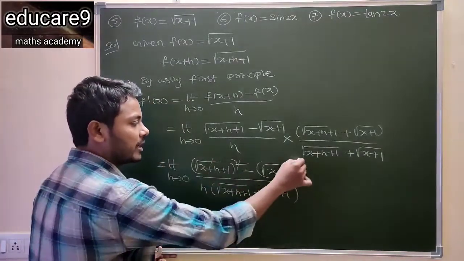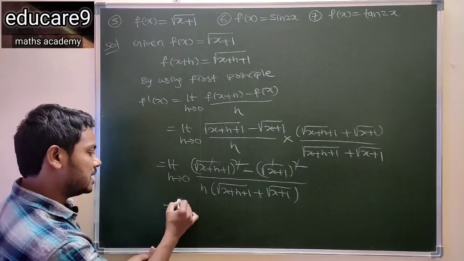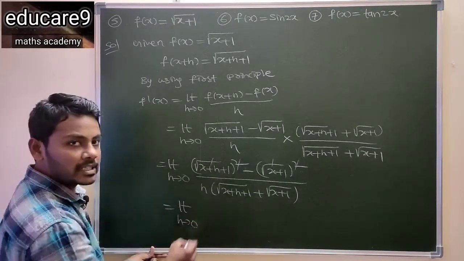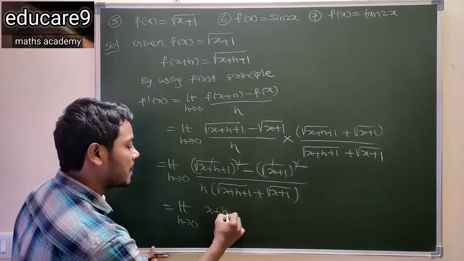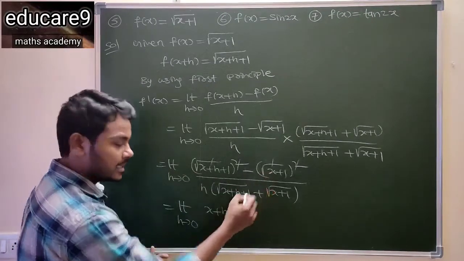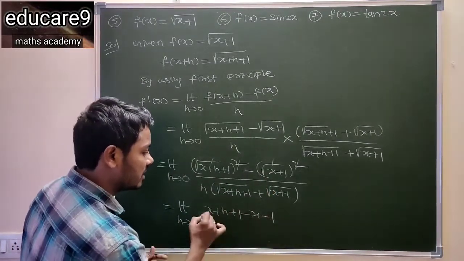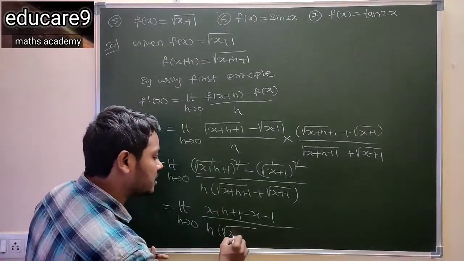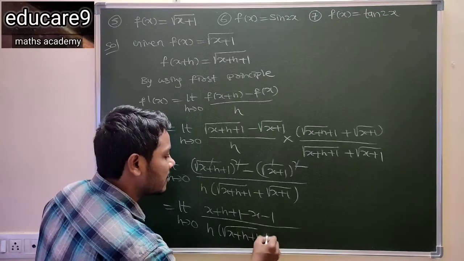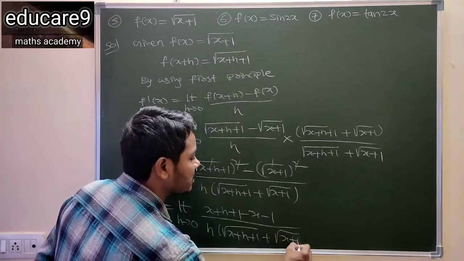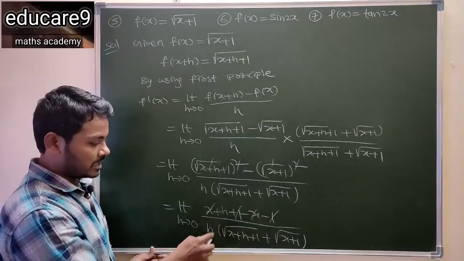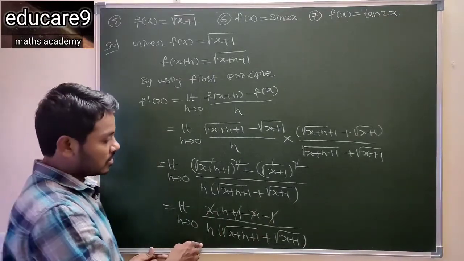Here square root gets cancelled. So this is limit h tends to 0 x plus h plus 1 minus x minus 1 divided by h into root x plus h plus 1 plus root x plus 1. x and 1 get cancelled. h also gets cancelled. Okay.